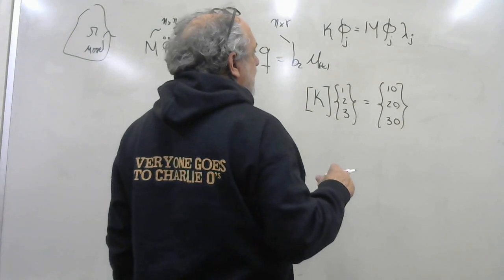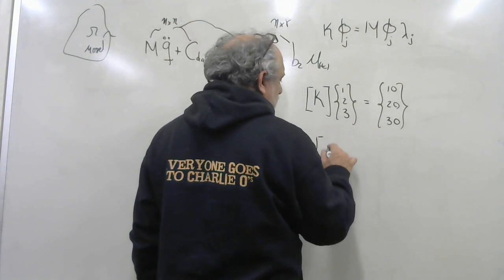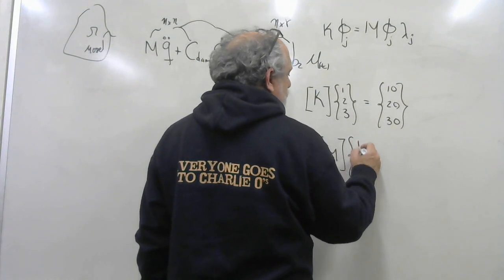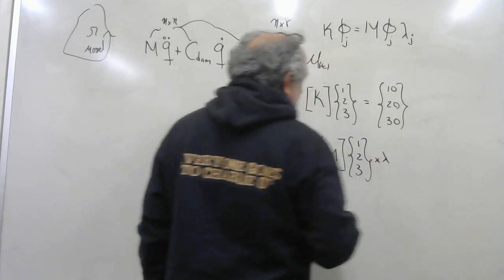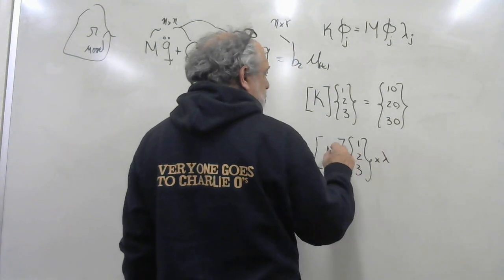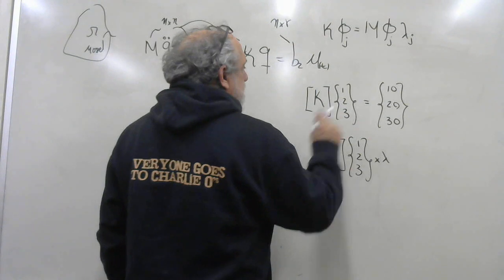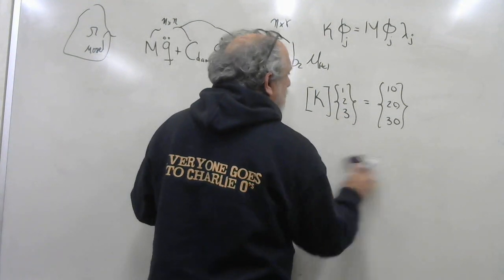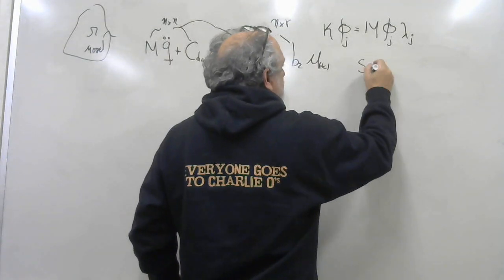Then we would say that 10, 20, 30 is M times phi, which is 1, 2, 3, times lambda, right? Now, it's a little confusing the way I put it. Let me backtrack and show it this way, so it's easier.